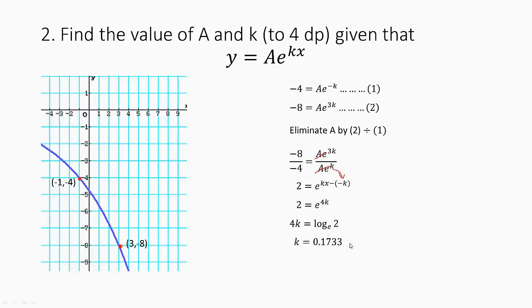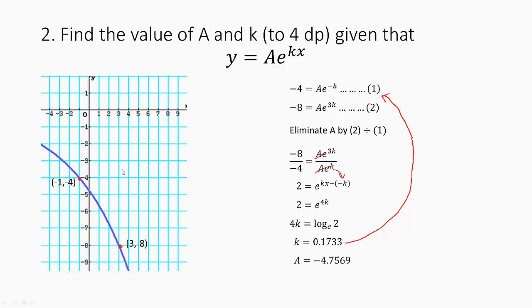Substitute that back into your original equation. Either one of these equations up here, and you'll end up with a equals minus 4.7569. And that gives us the equation of that particular graph.